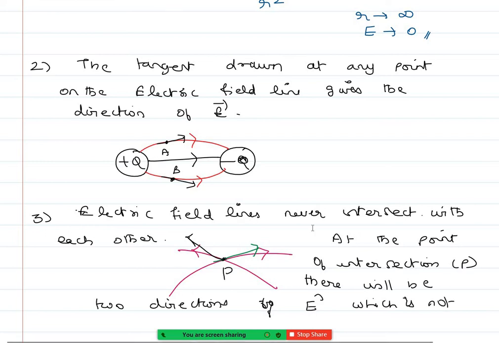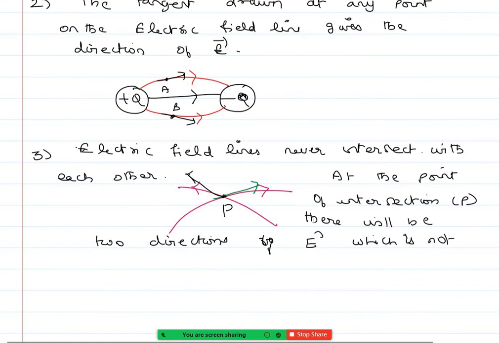At the same time, you cannot travel in two different directions. You can either travel towards east or west, but you cannot travel towards east and west at the same time. In the same way, only one electric field direction is possible. Two directions of electric field is not possible. Is it clear, everyone? Yes, ma'am.